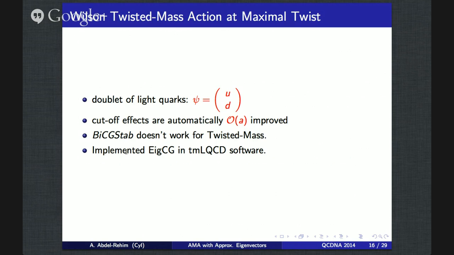But as people also pointed out, for twisted mass, BiCGStab actually fails. However, CG works, and consequently also incremental eigCG works for twisted mass. We have tested that and implemented this in the twisted mass code.